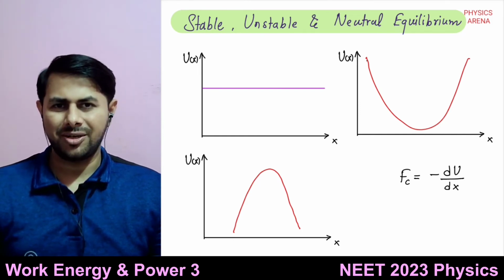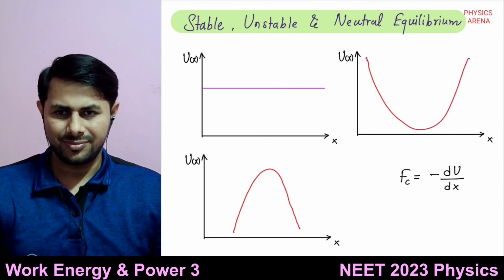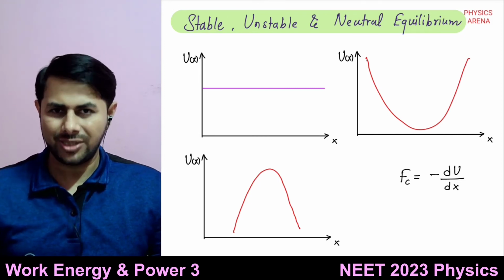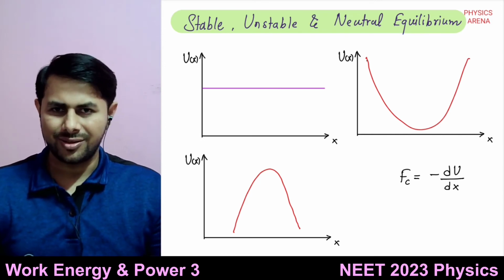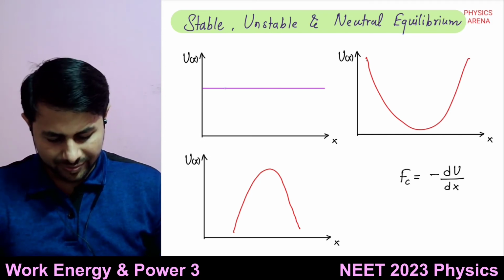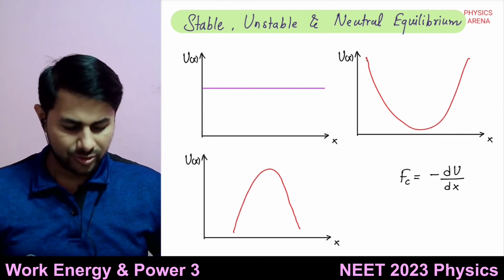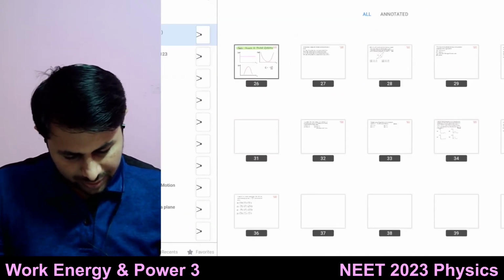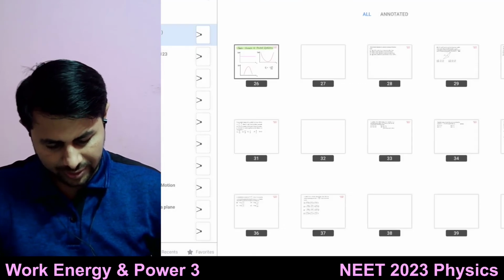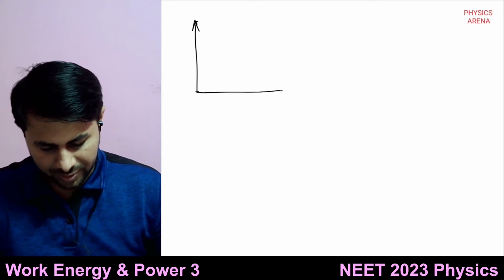What is the geometrical meaning of derivative? Slope of a curve. Right, we have seen this. If you take derivative, let me give you an example. We had discussed this. Let's consider position versus time graph.